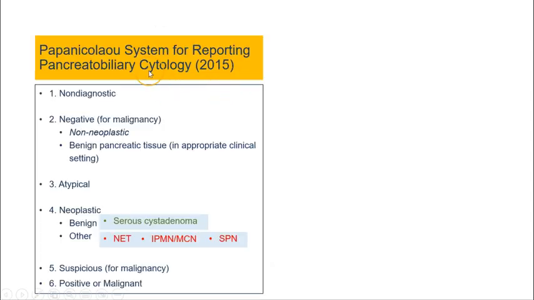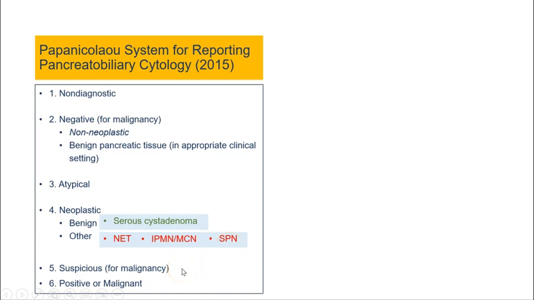So let's have a very quick look at the Papanicolaou system. In a nutshell, there are 6 categories: non-diagnostic; negative for malignancy, which essentially includes non-neoplastic lesions and benign pancreatic tissue in the appropriate clinical setting; atypical; and neoplastic, which includes 2 subcategories, benign, where serous cystadenoma would fall, and neoplastic other, which includes a spectrum of conditions such as neuroendocrine tumor, the neoplastic mucinous cysts such as intraductal papillary mucinous neoplasm or IPMN, and mucinous cystic neoplasm or MCN, and also solid pseudopapillary neoplasm.